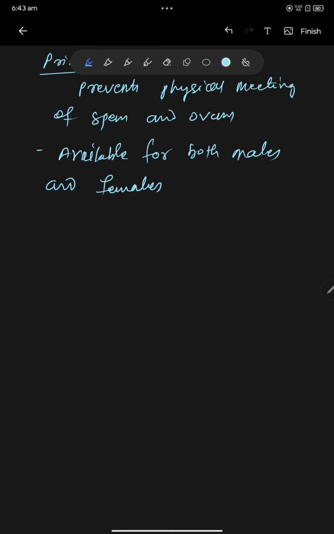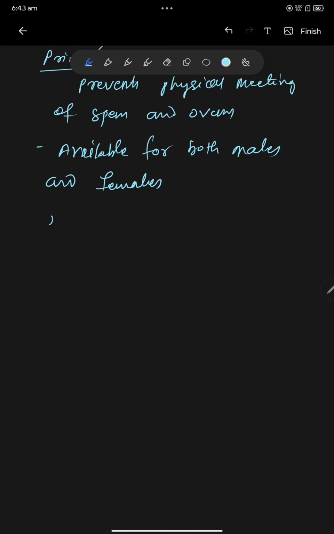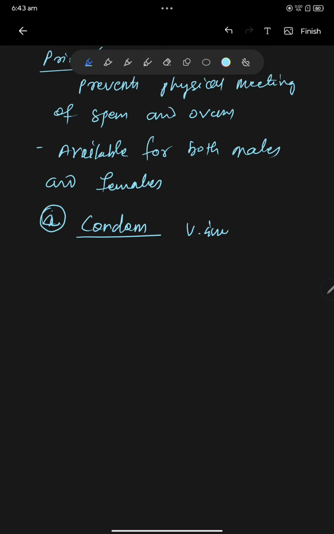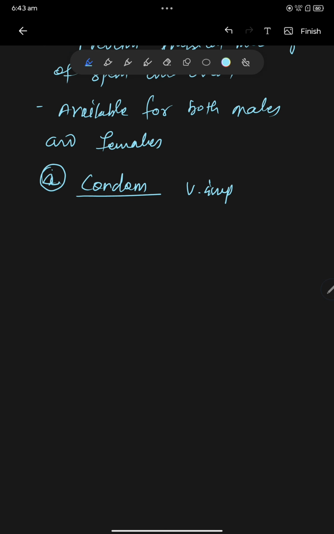Under the barrier method, the first method we'll discuss is the condom. This is very important. What is a condom? A condom is a thin rubber or latex sheath.